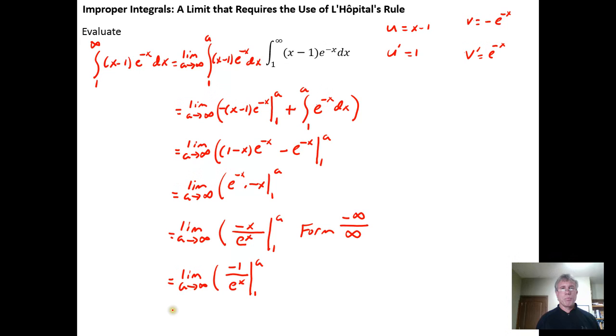And at this point, we're in a position to actually find the limit because we have a constant numerator, negative 1, and e to the x, as a goes to infinity, e to the x goes to infinity. So we have a constant over a denominator that's becoming infinitely large. So this ratio here, as a goes to infinity, is going to equal 0. Infinitely large denominator, a constant numerator.